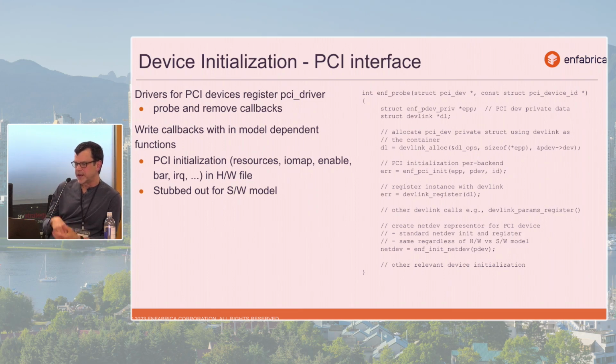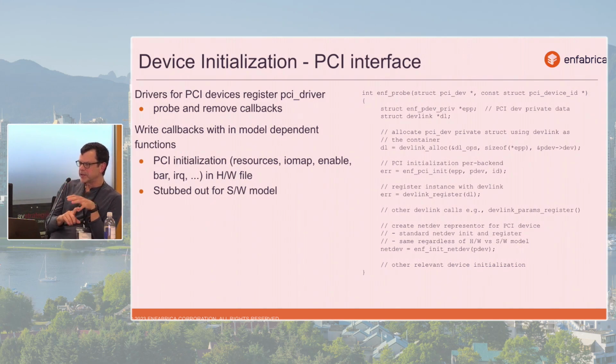So if you're going to fake that out from a software side, what you want to do is wrapper all of those PCI init functions into one that's, again, in that HAL layer, where in this case, the ENF PCI init has two different implementations. One, the software model. The only thing it's really got to do is set the private data on this faked out PCI dev struct that you've created. Where the hardware side is going to actually have to go do some PCI calls to set this device up.